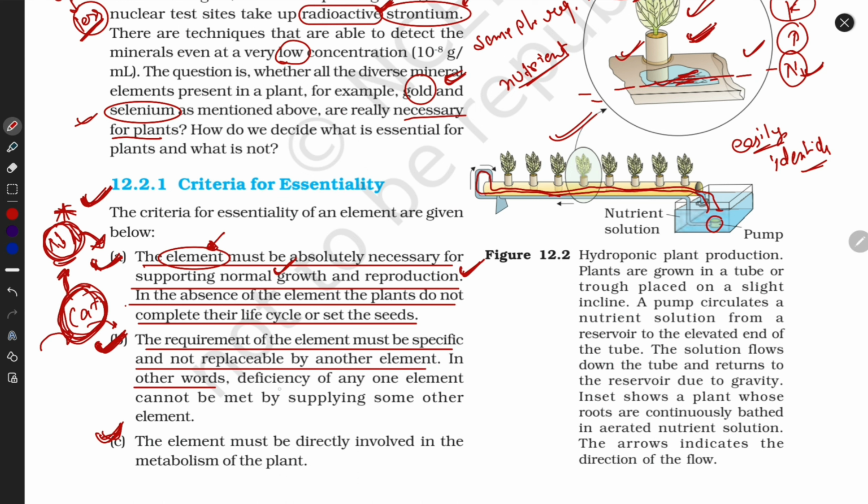In other words, deficiency of one element cannot be made up by supplying some other element. If calcium is deficient and we provide potassium, no, they need calcium. Calcium has its own position in the plant, nitrogen has its own position, and potassium has its own position.